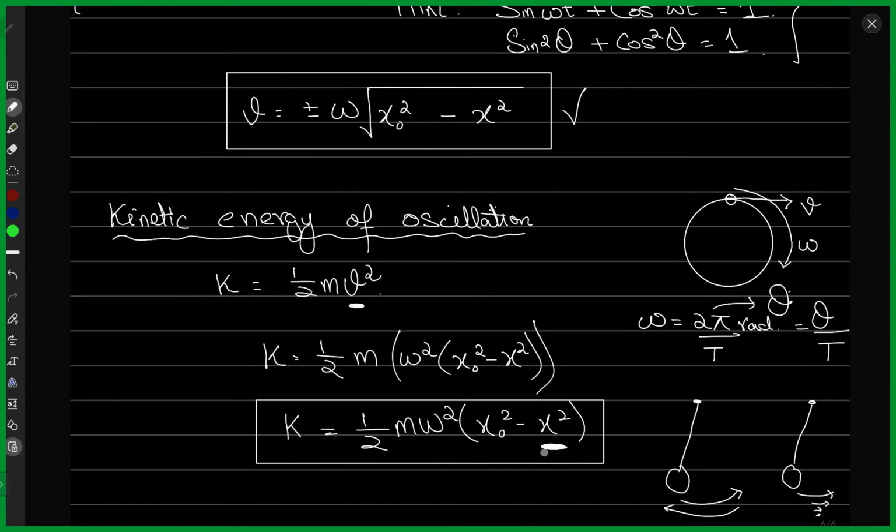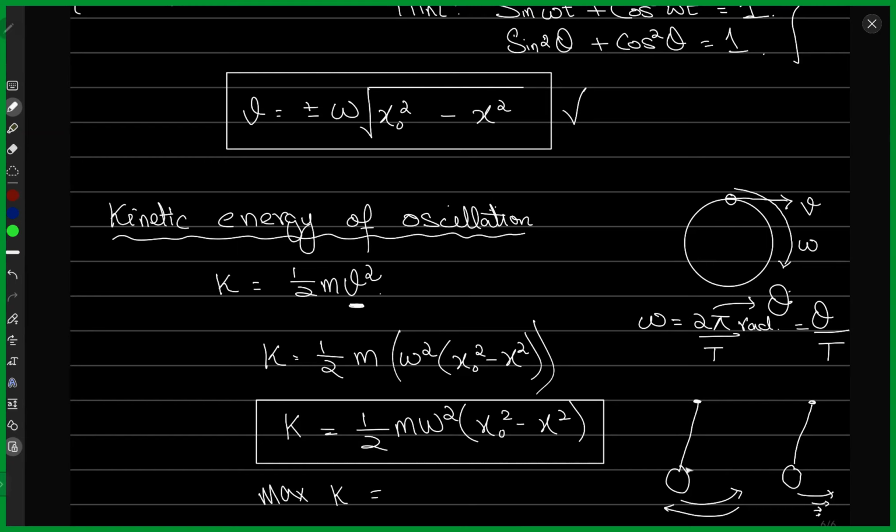By the way, what do you think would be the maximum kinetic energy? The maximum kinetic energy of the system is when, for example, a pendulum is crossing its mean position, right? And at mean position, displacement is 0.